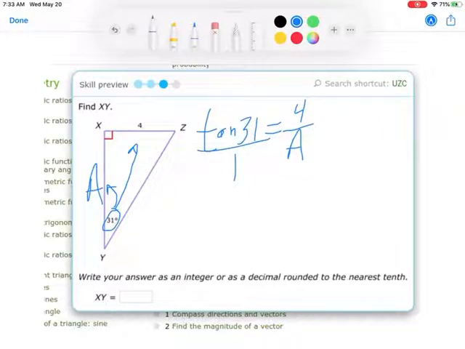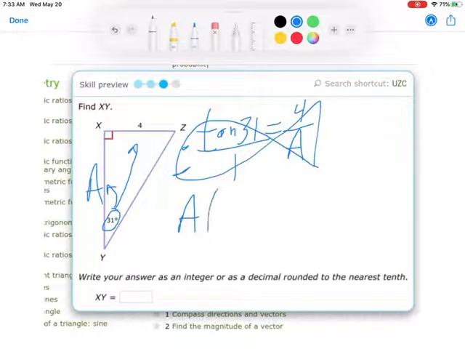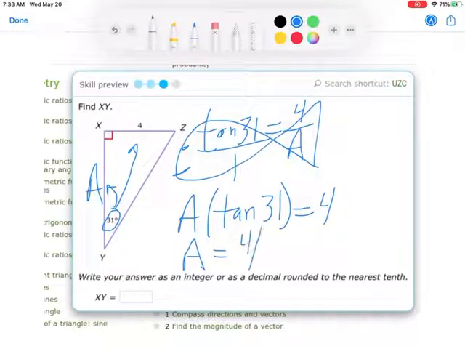So you just cross multiply. I like to say fish, because it makes a little fish. So tangent of 31 is equal to 4. A times tangent of 31, 1 times 4 is 4. So divide by tangent of 31 and then just plug into your calculator. So 4 divided by tan 31 is going to be your answer, and it says round to the nearest tenth.